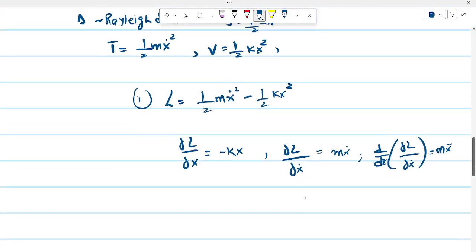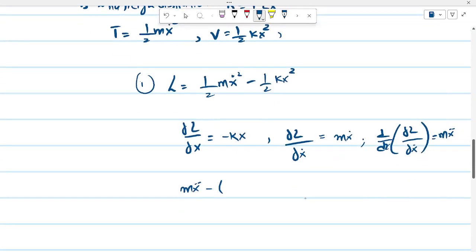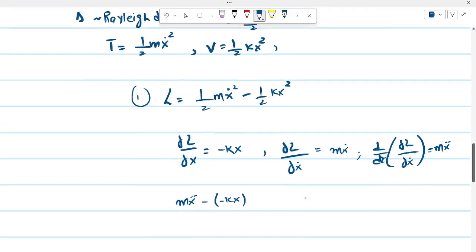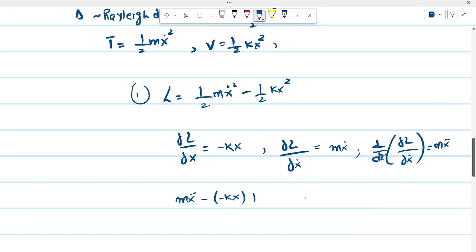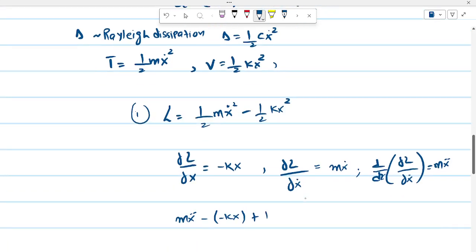It becomes m x double dot minus partial L by partial x, that is minus of minus k x, and then the third term, the partial derivative of D, which is half c x dot squared.